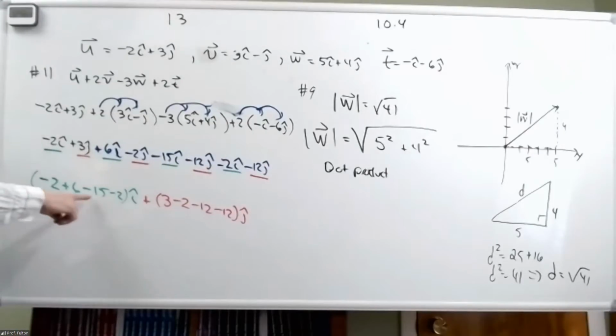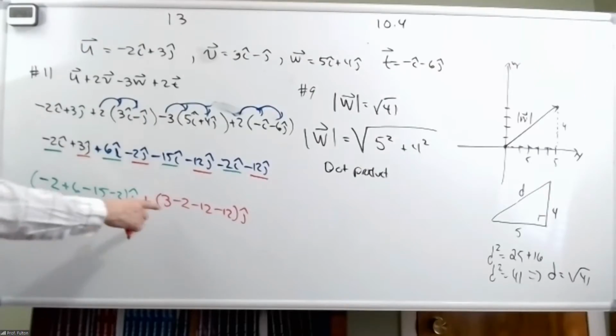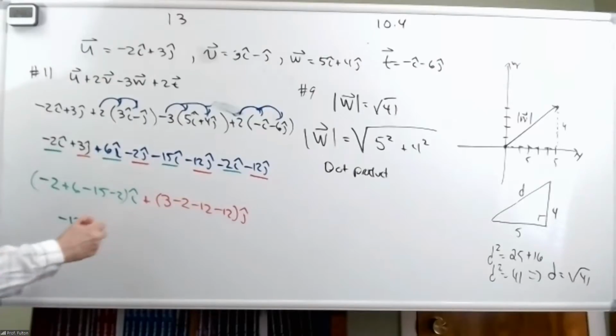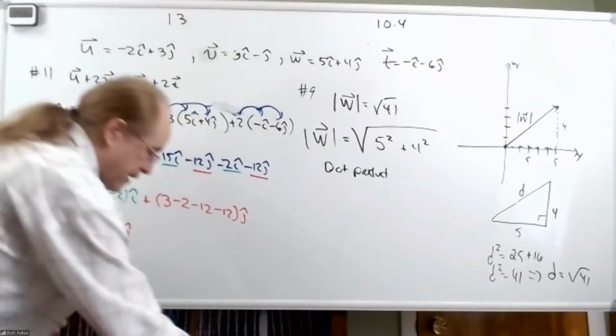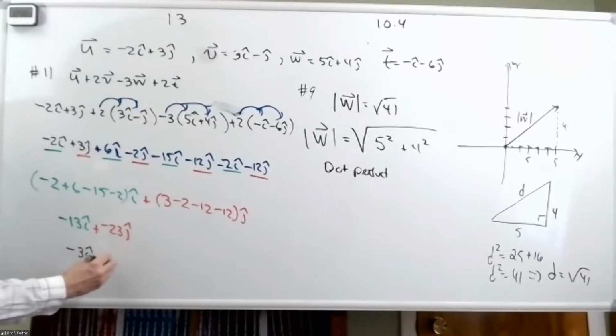That's 4. 4 subtracting 15 is negative 11. Subtracting 2 gives me a negative 13 in the i direction. Plus over here, so 3 subtracting 2 is 1. Minus 11 minus 12 gives me a negative 23 in the j, which oftentimes we won't write as adding a negative. We'll just write that as minus 13i minus 23j.